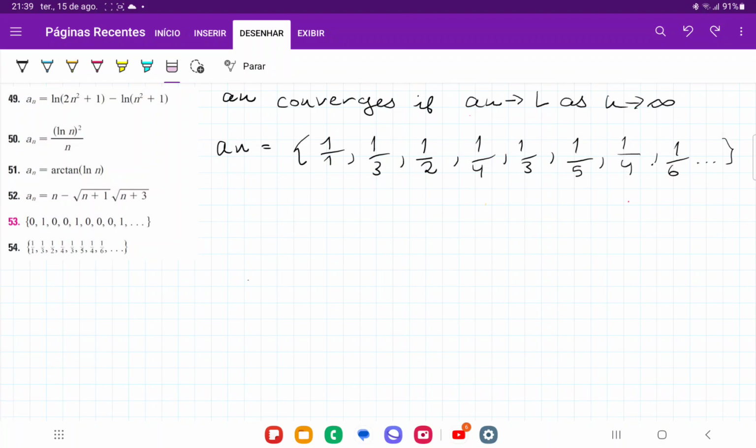So what we're going to have to do here is try to find a general formula so that we can take the limit. Initially it does look a bit disorganized, right? It doesn't really appear very clear what the limit is. But if you look at the odd versus even numbers, something very interesting happens. In the odd numbers, on the denominator, we have 1, 2, 3, 4, and so on.